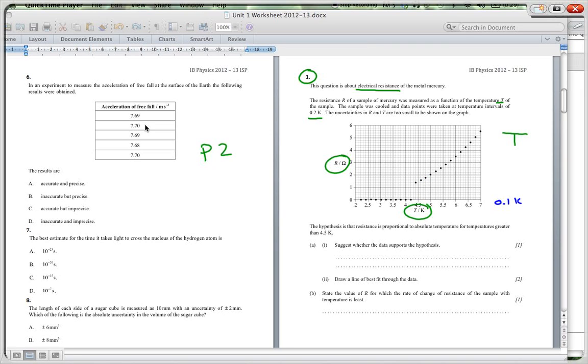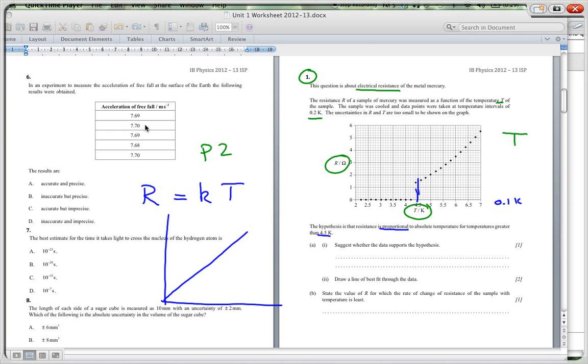All right. Then it says the hypothesis, the prediction, is that resistance is proportional to the absolute temperature for temperature greater than 4.5. So starting at 4.5 over here, saying that it is proportional. Now, if I was looking at that in mathematics, it would read R is equal to some constant, I'll call it K, times T. And the graph that you would expect for that is a straight line going through the origin.